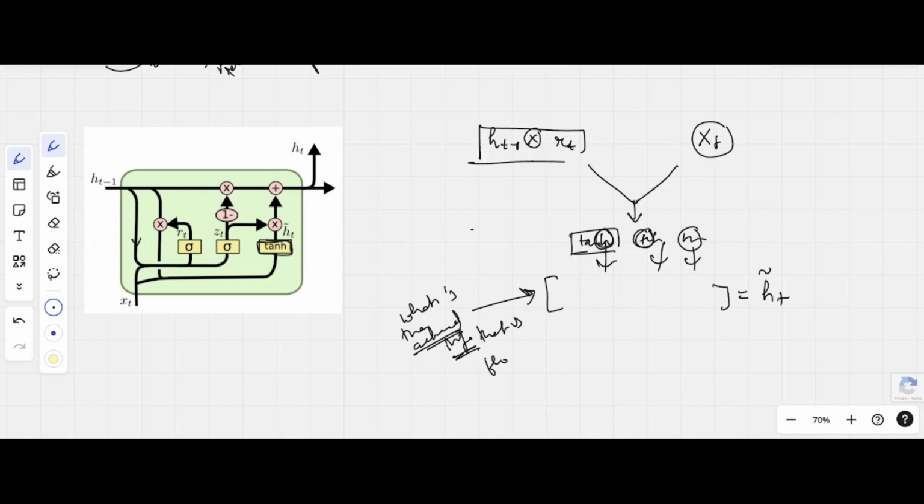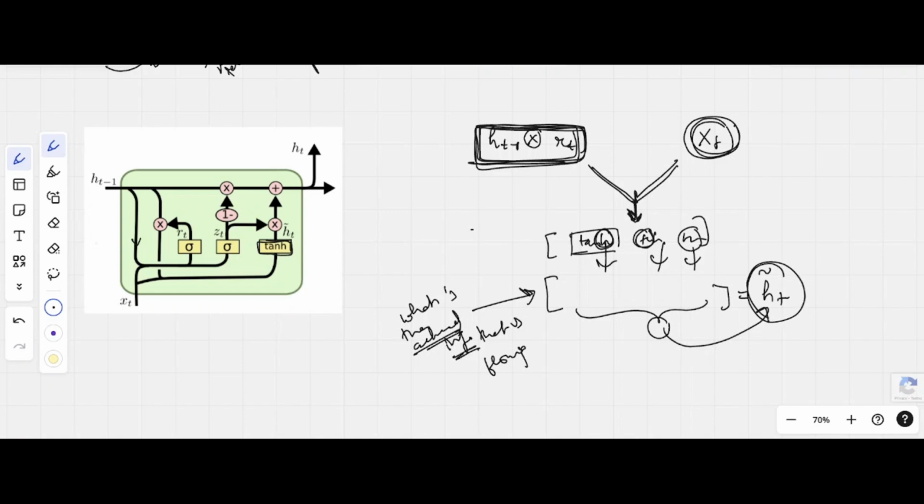So what exactly is it telling us? We dropped the irrelevant part, and now we have our updated memory, right? Now, based on this updated memory and the current input that we have got, we are asking this network, what do you think can be the possible inputs that we need to add in our hidden state? So this is like the candidate state.